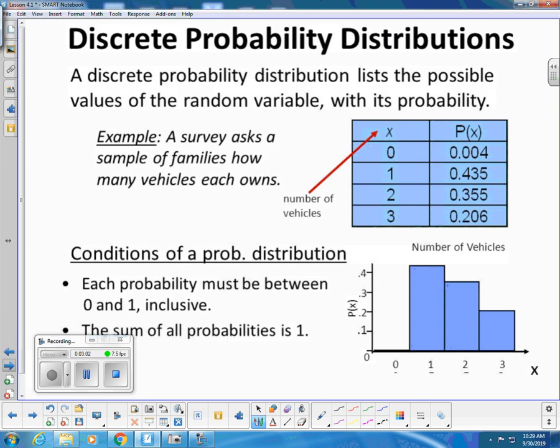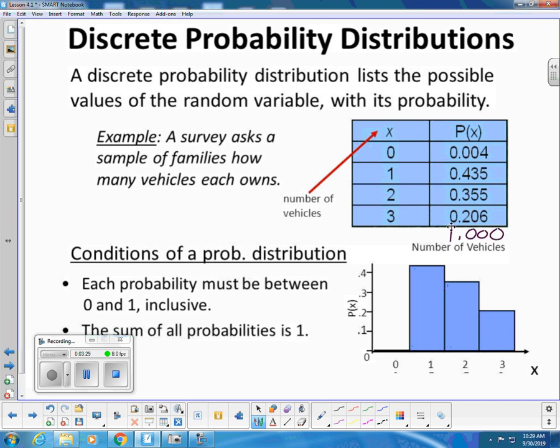If you look at this probability distribution, all of your possible outcomes are listed. They asked a sample of families how many vehicles each owns. Nobody owned more than 3 vehicles. 0.4% owned no vehicles, 43.5% owned 1, and so on. If you were to add these probabilities up, they're going to equal 1.000.